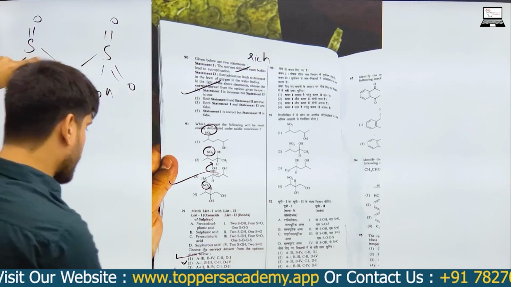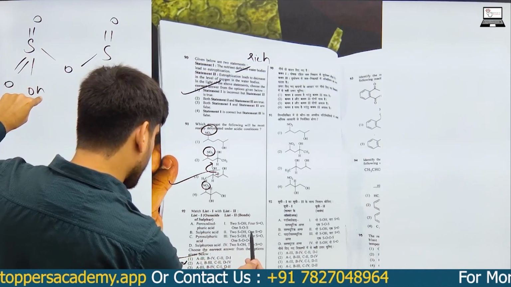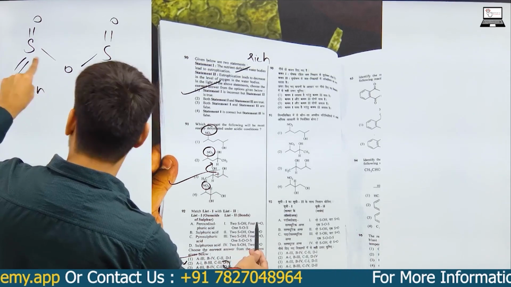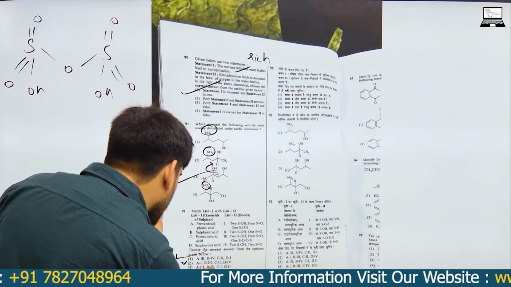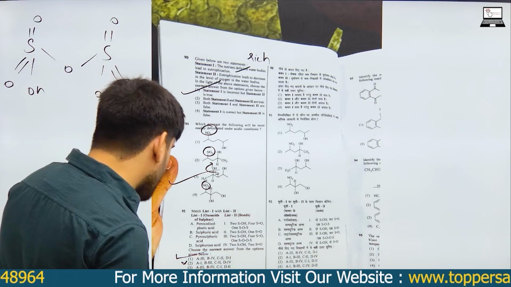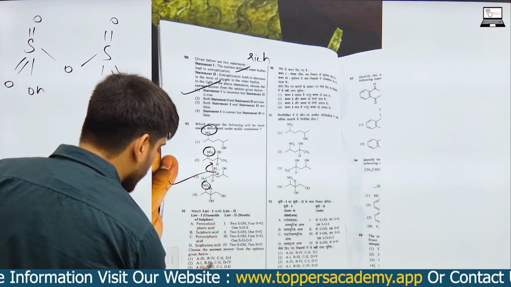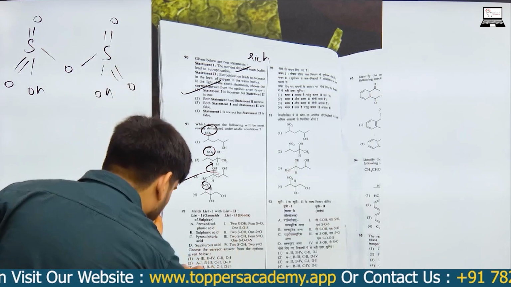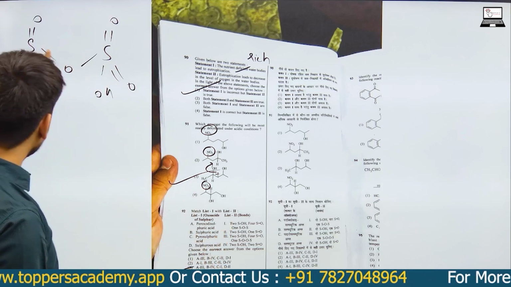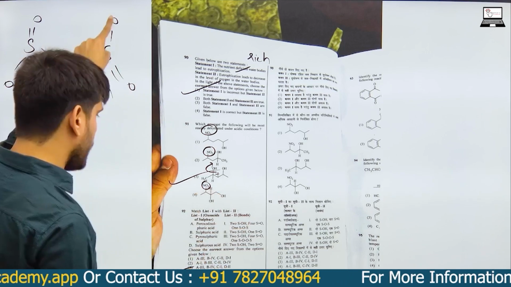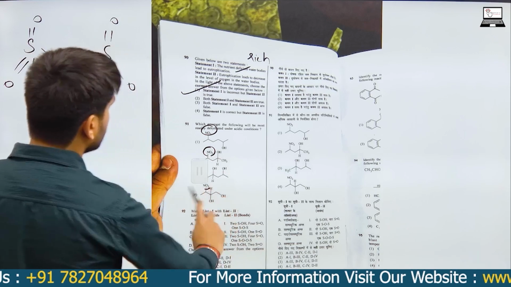In pyrosulfuric acid, we have 2 S-OH, 4 S=O and 1 S-O-S. So A is going with third, B is going with fourth, and C is going with 1. I'm so sorry, not the first answer, but the C option. C is going with 1, that is 2 S-OH, 4 S=O and 1 S-O-S. So third is the right answer, not the first one.